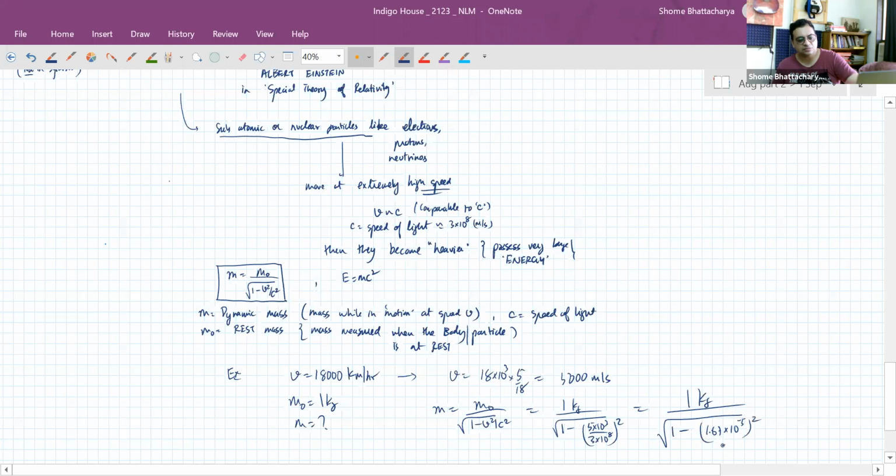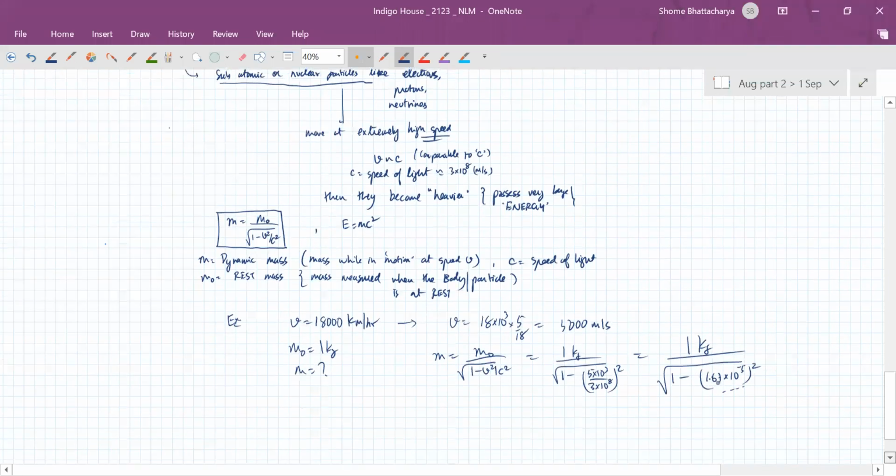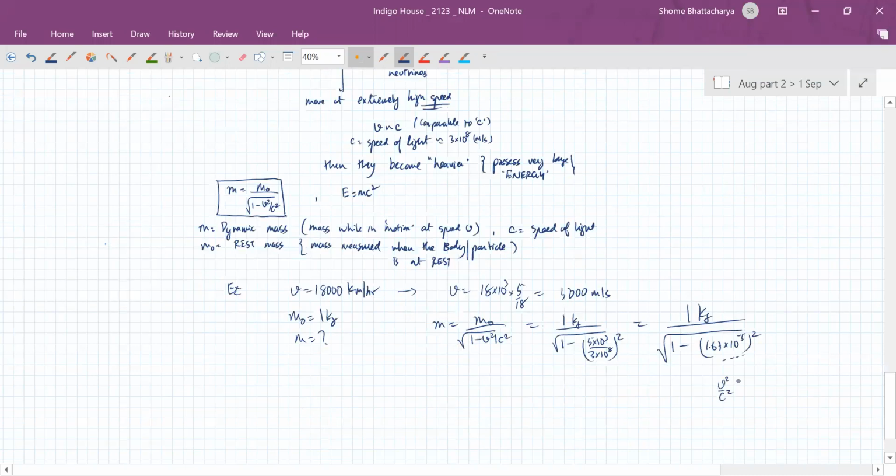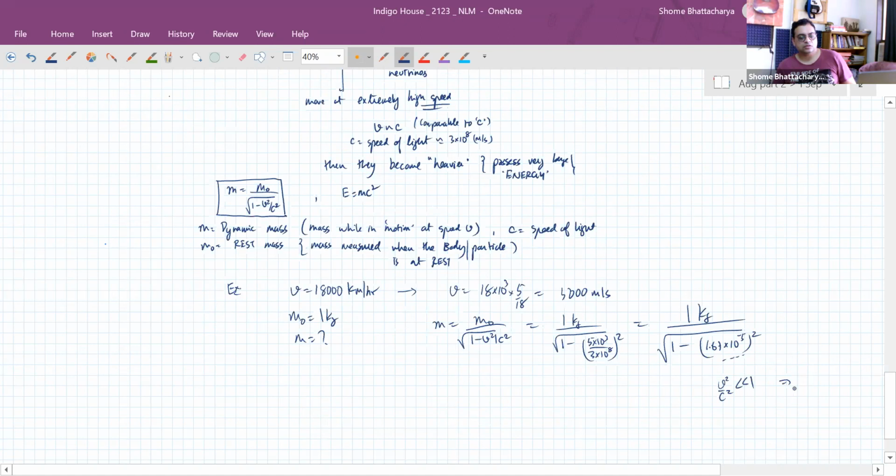You can imagine this number is very small. You can see that v square by c square is extremely small compared to 1. So we can take the square root of 1 minus v square by c square as 1 only. So the dynamic mass is equal to the rest mass.